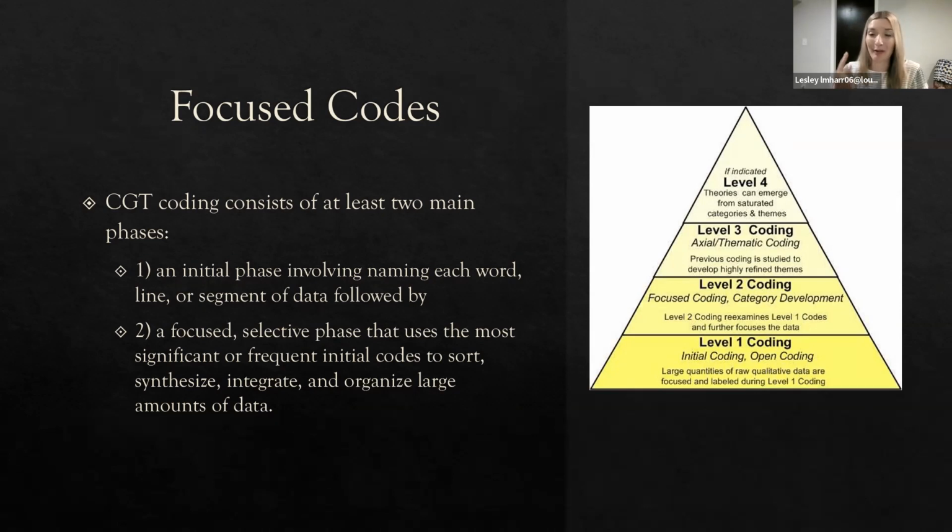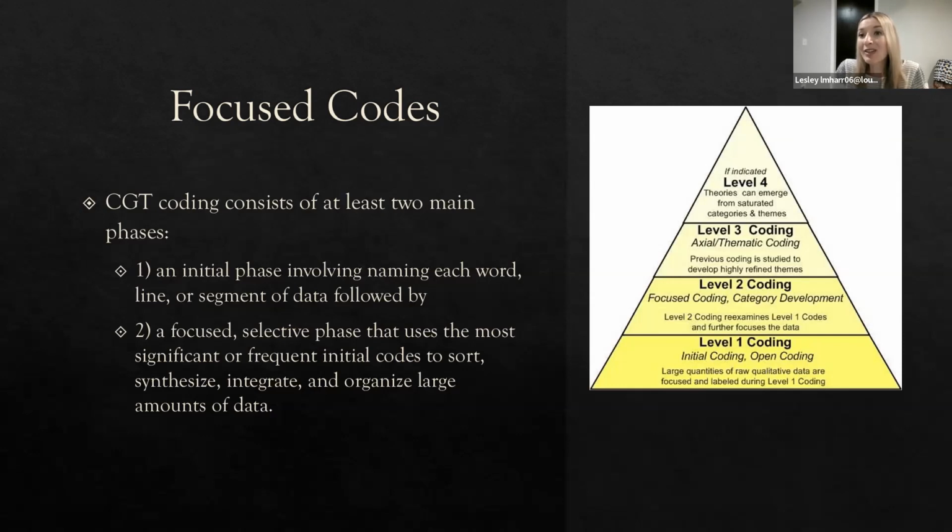So remember, we're looking for frequency, we're looking for significance, to sort, synthesize, integrate, and organize large amounts of data. So we really use our focus codes to develop a code book. And then once we have our code book, coding actually becomes quite easy, or I should say easier than the initial coding strategy, because we're just moving through large amounts of data, marking our data.